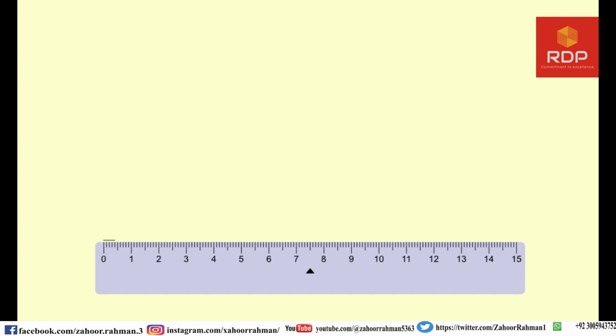So let us draw 6.7 to be precise, and let me label it R and S. Also I am writing 6.7 centimeter. My next job is to draw an angle, and that is of 60 degree.